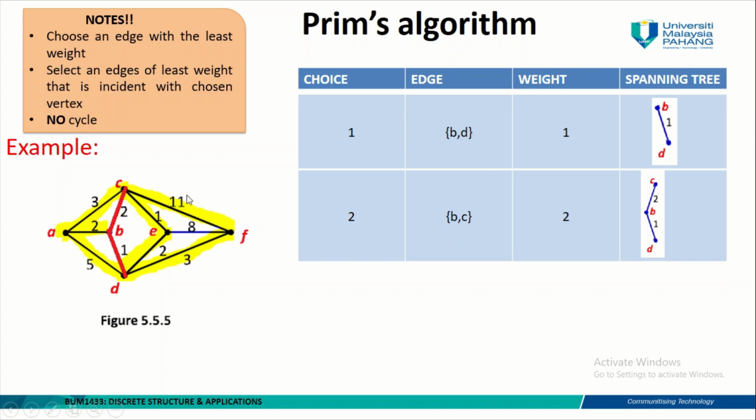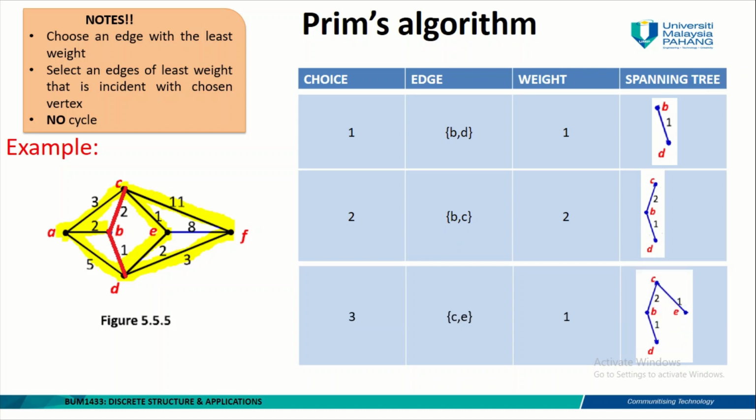For all the incident edges here, the least weight is 1, which is C to E. So we choose C to E since it has the least weight. Alright, so for the third choice, we choose CE with the weight 1, and we draw the spanning tree.